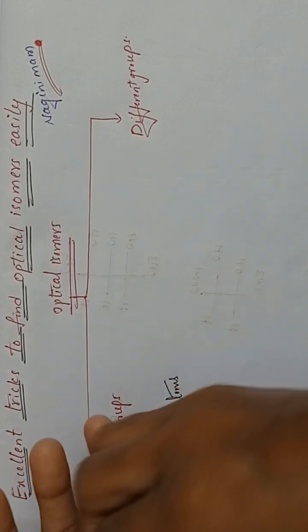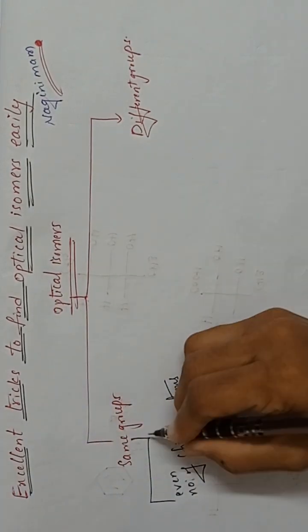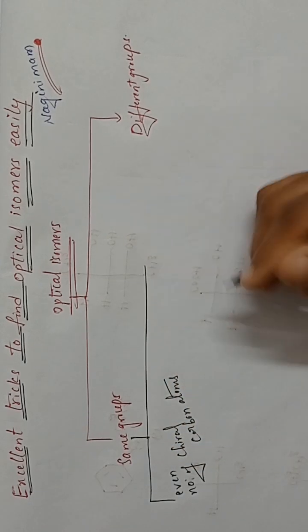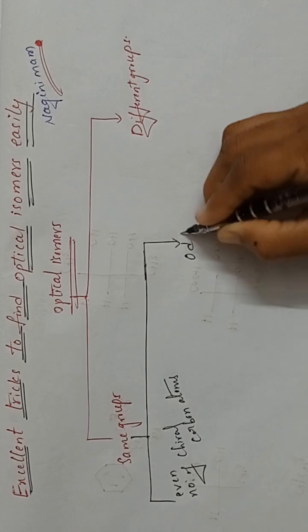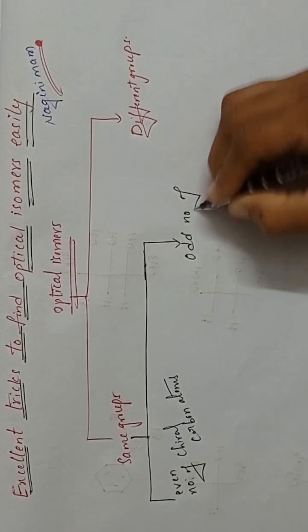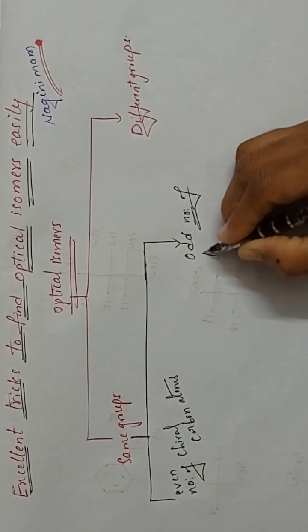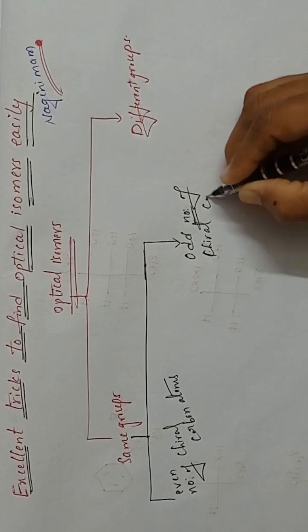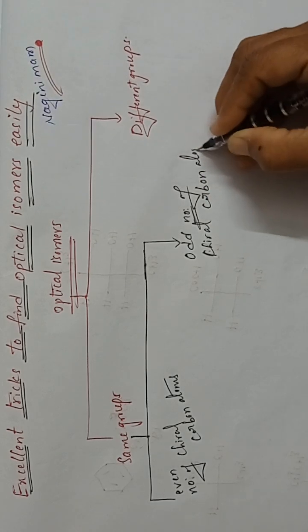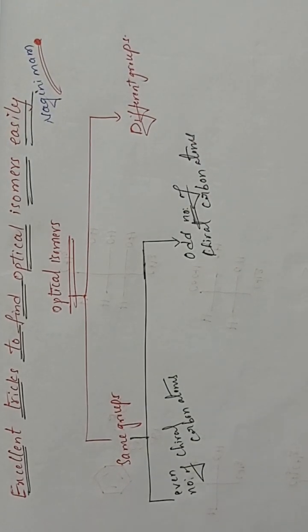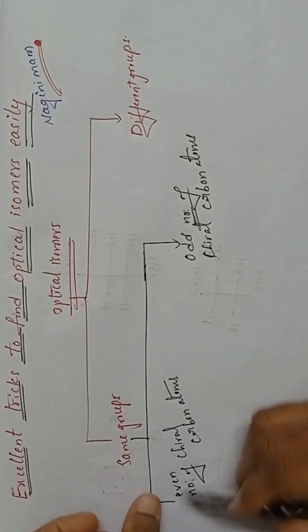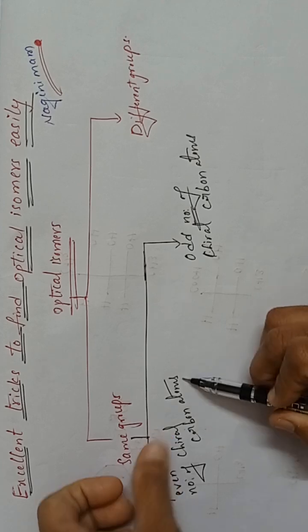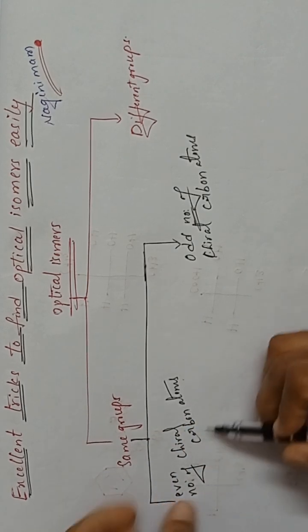Now I am taking odd number of chiral carbon atoms, the second type. See here, same groups. So in same groups, two types are there. One is even number of chiral carbon atoms, if the given compound contains an even number of chiral carbons.